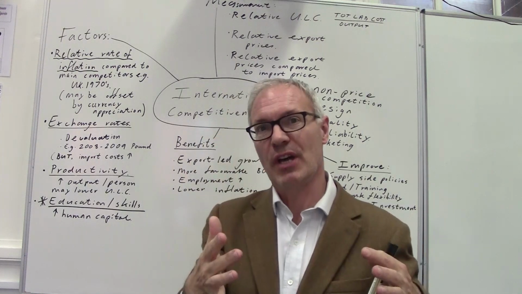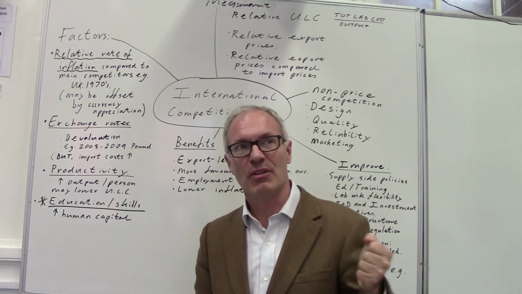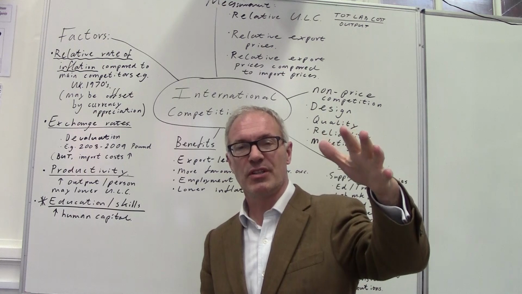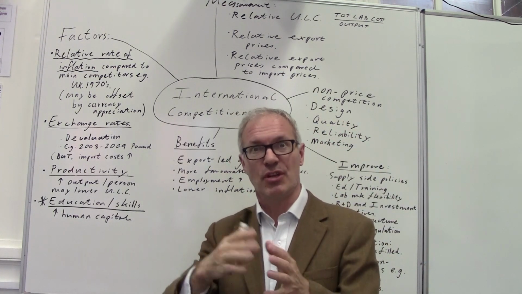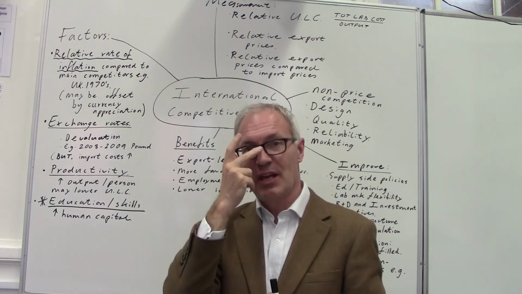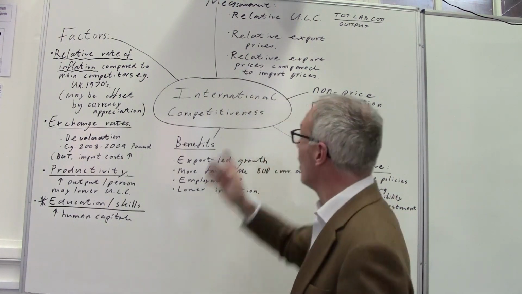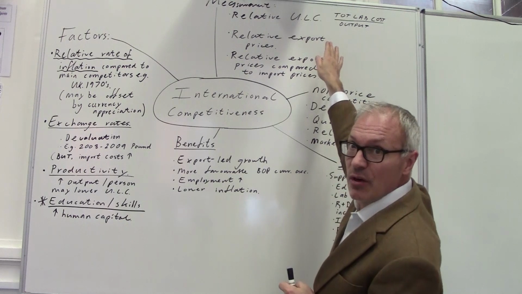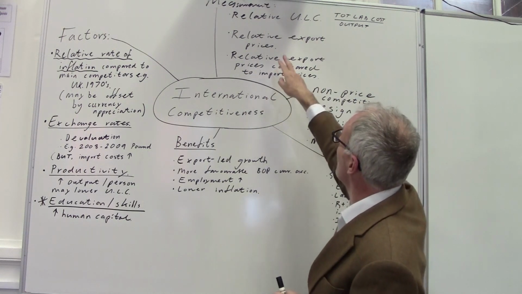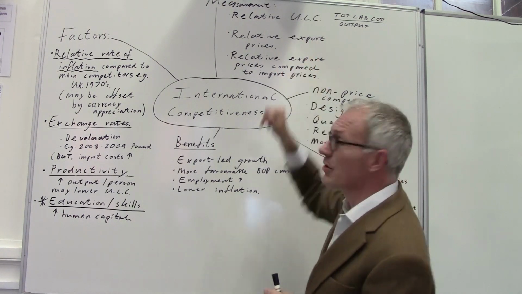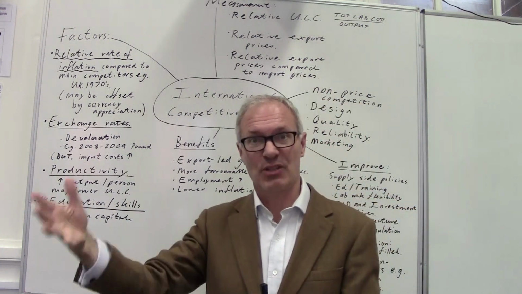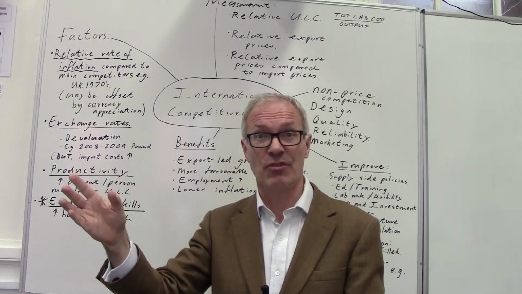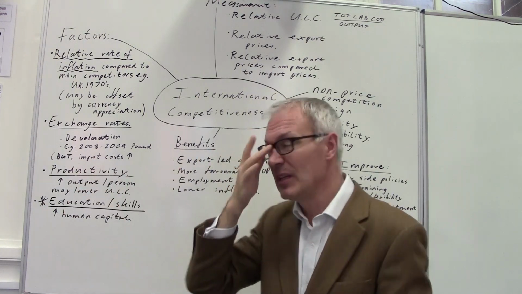So again, if we look at the UK over time, we might look at what the average export price is compared to the average import price, and that ratio illustrates international competitiveness. Obviously, you want low unit labour costs, and you want low relative export prices compared to import prices or compared to the export prices of other countries, our main competitors.